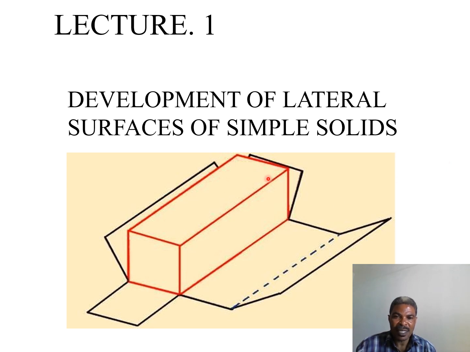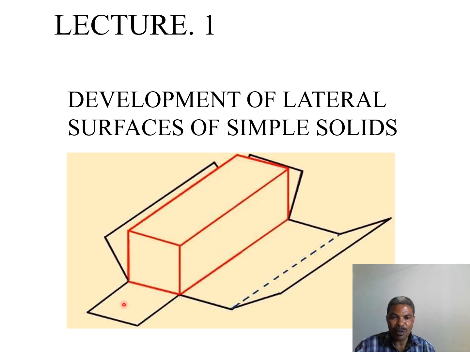For example, this is a rectangular object that can be wrapped with plain paper, which one would then unfold. When unfolded, it will look like this. So this is one surface that has been unfolded.